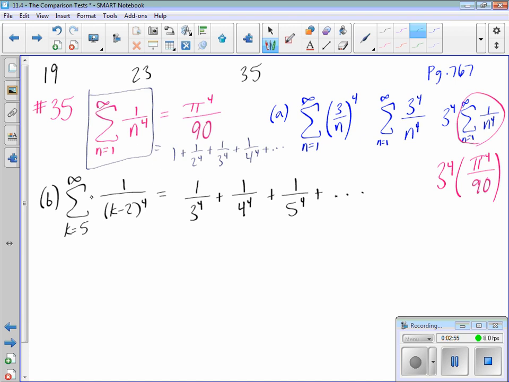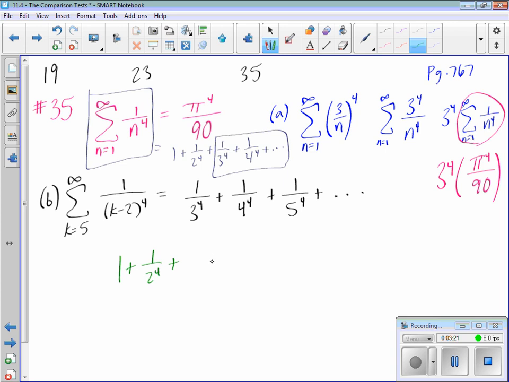So if I am comparing these two, isn't this portion equal to what I have below? Let me just write it out very thoroughly here. So this 1 plus 1 over 2 to the fourth plus 1 over 3 to the fourth, 1 over 4 to the fourth, all of that's going to be this sum here, right?